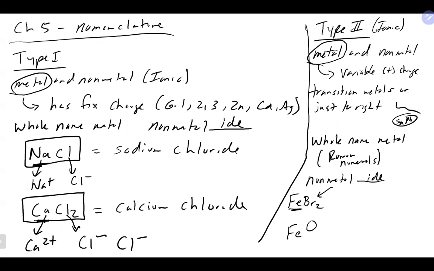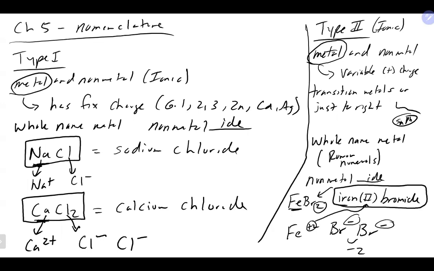And this is bromine, which is group 7, has a -1 charge, and there's 2 of them, which means that this is an overall negative charge of -2. So the iron here has to be +2 to balance it out. And the name here would be iron, Roman numeral 2, because of the charge. And the non-metal is named just like normal. Doesn't matter, there's multiple non-metals there. It just becomes bromide. So this would be iron 2 bromide.